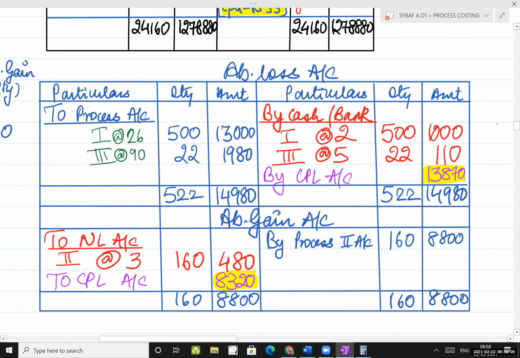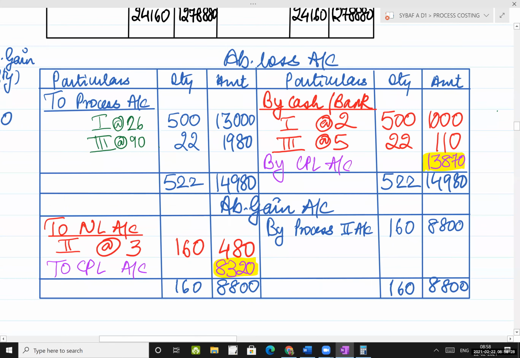Okay. Same goes for abnormal gain. It is set off against normal loss.